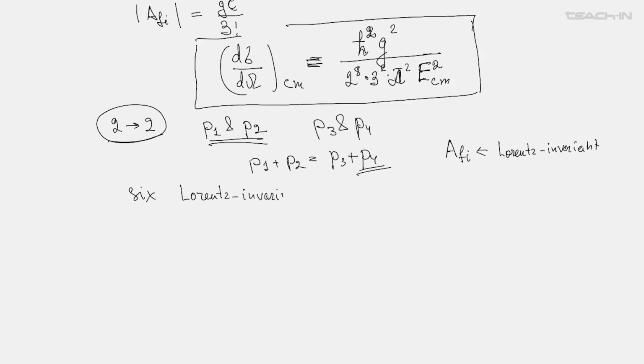What are these quantities? I think you know them very well. So this is p_i squared, we can take for i being 1, 2, 3. So the square of a vector is a Lorentz invariant quantity. Then we take scalar products, p1·p2, say p1·p3, and p2·p3.